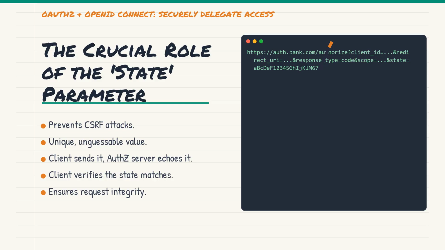The authorization server includes this state value in its redirect back to the client. The client then checks if the state it received matches the one it initially sent. If they don't match, it means the request might have been tampered with or hijacked, and the client should reject the process. It's like a secret handshake to ensure the user who started the process is the one completing it.